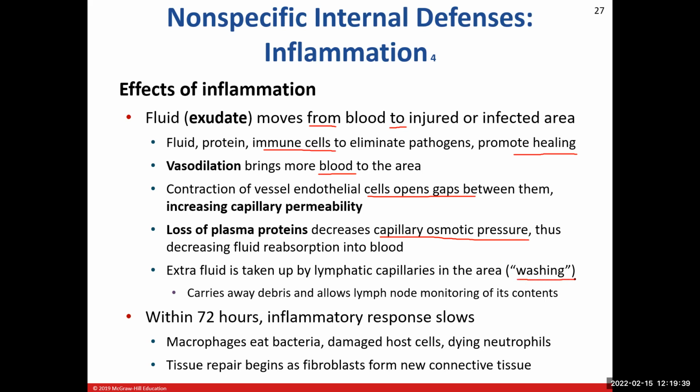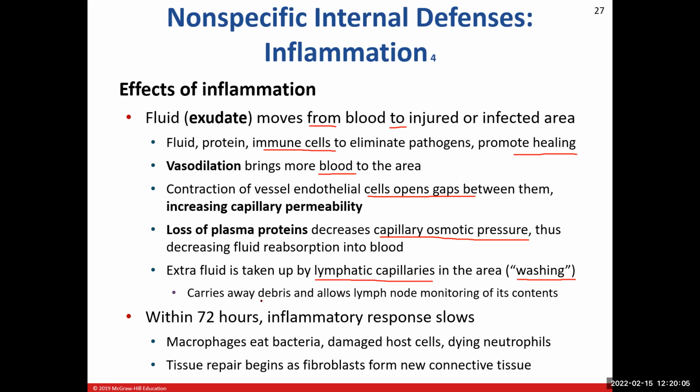And that extra fluid that washes out into the tissues will be taken up by the capillaries themselves, the blood capillaries, but roughly about 15% of that extra fluid that's not taken up, the lymphatic capillaries will help to take that up.